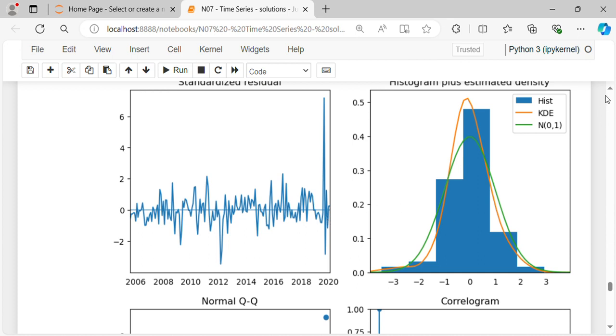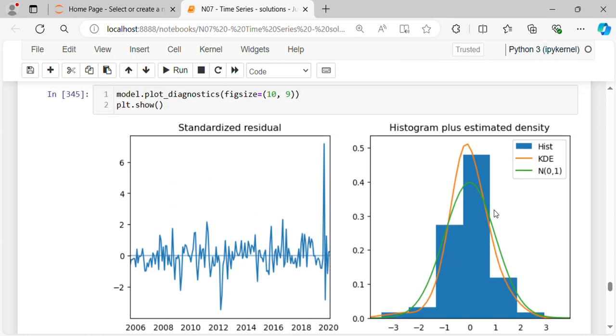And then the second graph, on the right, shows the histogram plus estimated density. The green curve is the normal distribution with mean 0 and variance 1, and the density curve is a bit taller, a bit steeper.